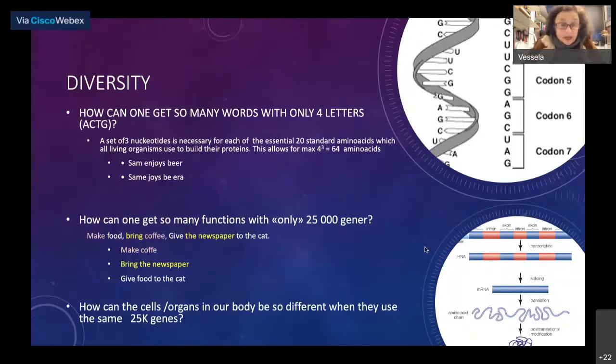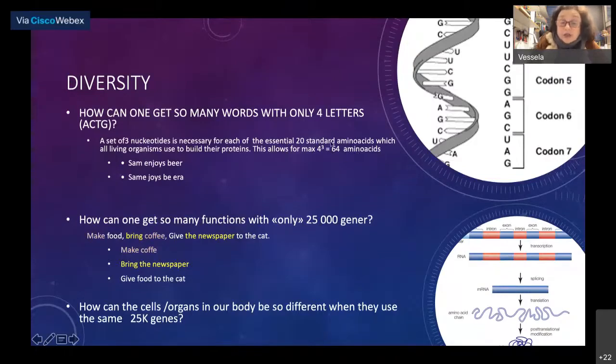And of course, one of the explanations is that one can use combinations of 3 nucleotides, which are necessary to encode each of the essential 20 amino acids. With 3 nucleotides, 4 to the power of 3, you can actually have unique triplets for 64 amino acids.